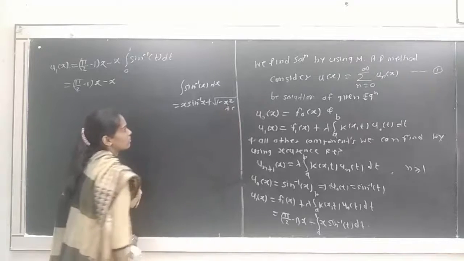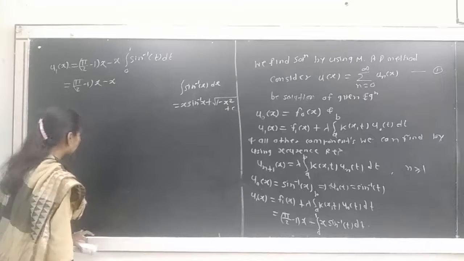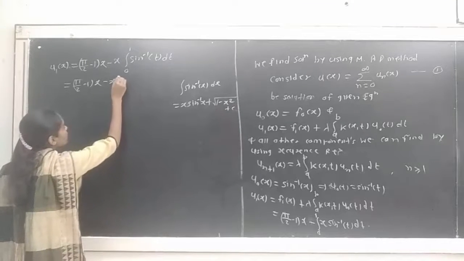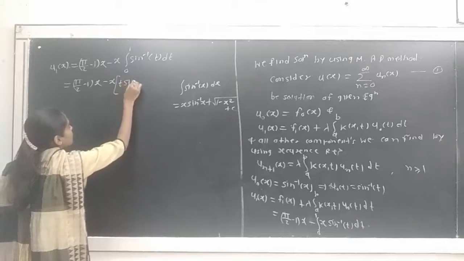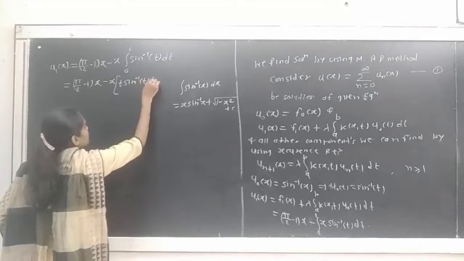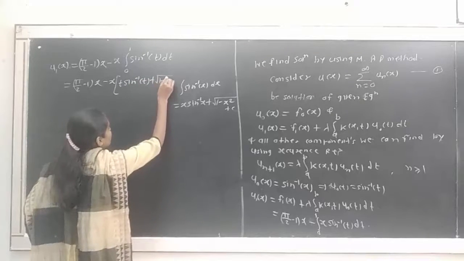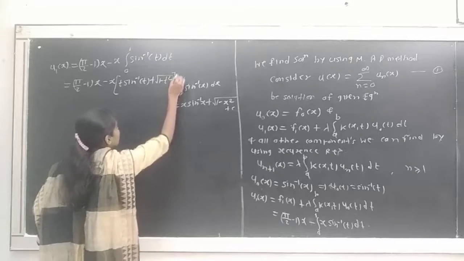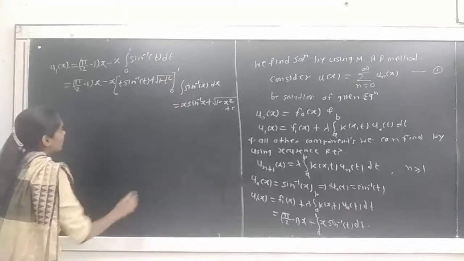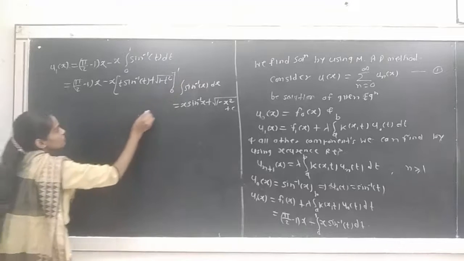We use this formula here, and in the bracket we get t sine inverse of t plus square root of 1 minus t square, with limits from 0 to 1.